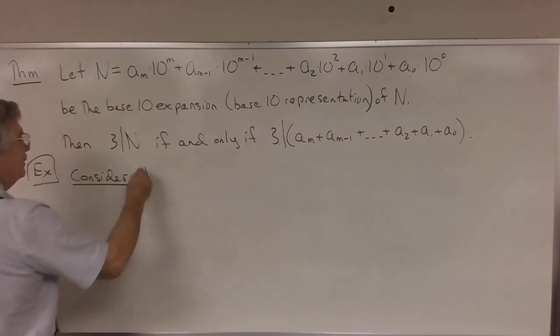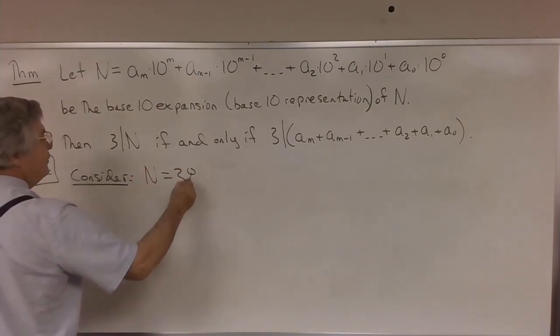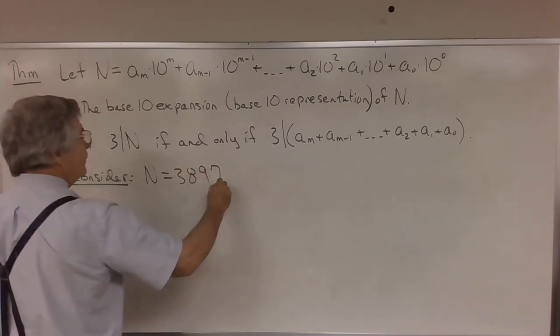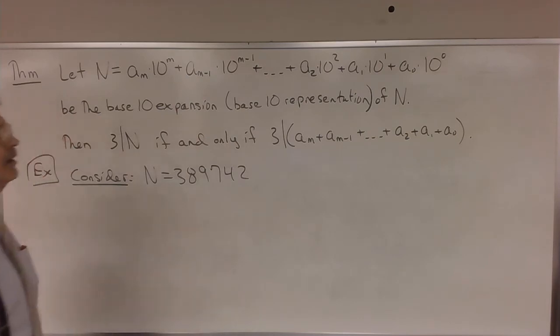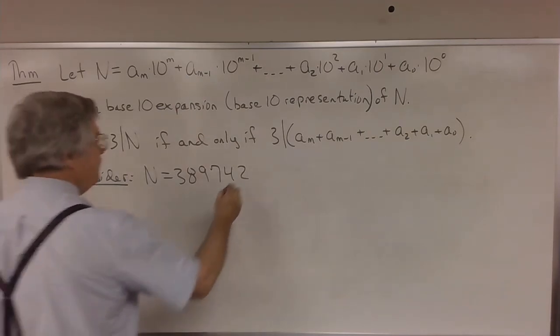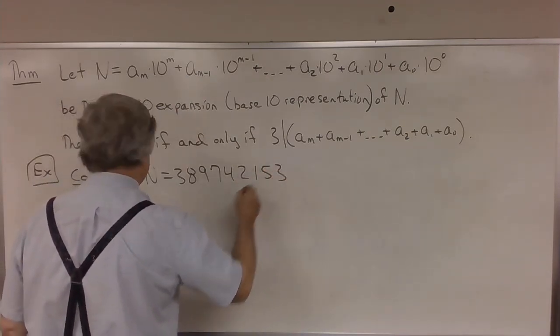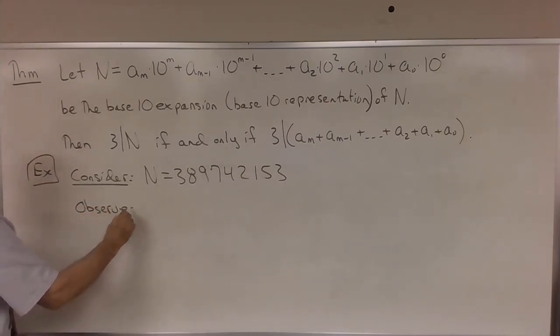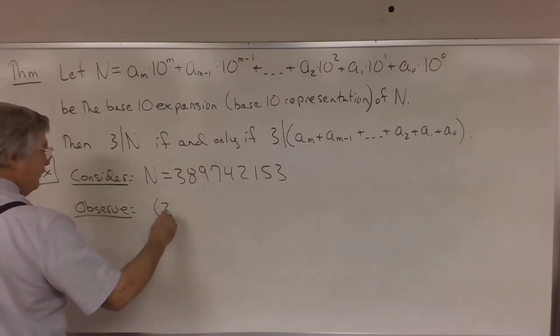Consider n equal 389,742,153. What happens when we add the digits?